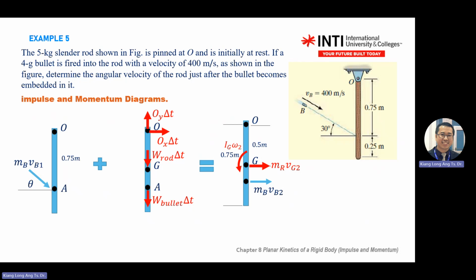So by using this impulse and momentum diagram, you apply it into H1 plus the sum of M dt equal to H2. Okay, so this M is moment. You need to convert force into moment. Force into moment.